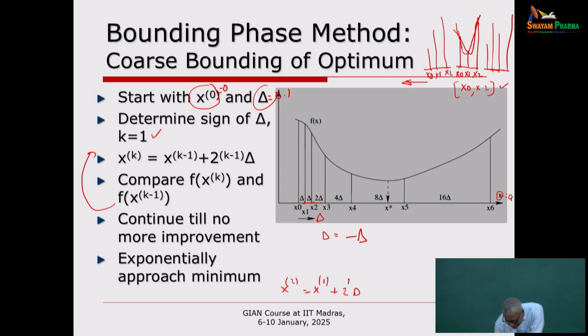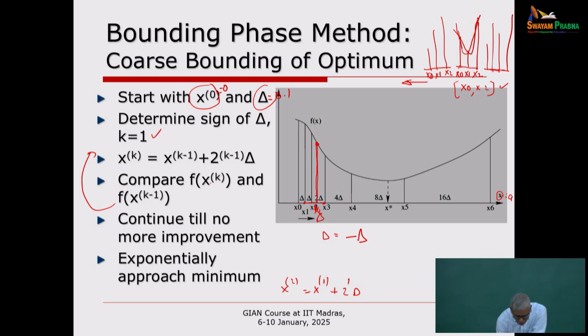But let us say this is my x1 and I move 2 times delta and I come here. So I should have gone x1 plus 2 delta. So let's put it the correct way. So this is my x2 now.